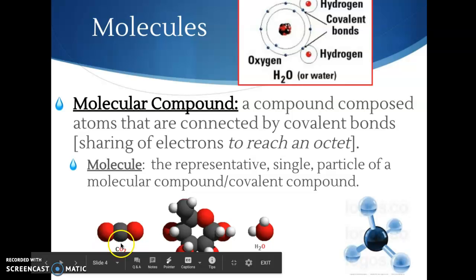There's carbon dioxide, where there's 1 carbon and 2 oxygens. That's just a picture of a molecule. There's glucose here, C6H12O6. All those atoms are connected by shared electrons. And then water is also a covalent compound. It's a molecular compound, so it's held together by covalent bonds.